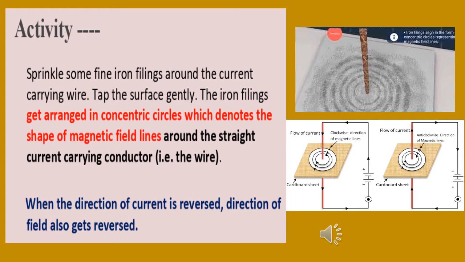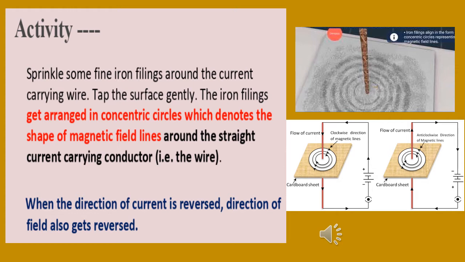It will be seen that concentric circles of iron filings are formed as shown in the figure, and through the common center of the concentric circles the conducting wire is passing.